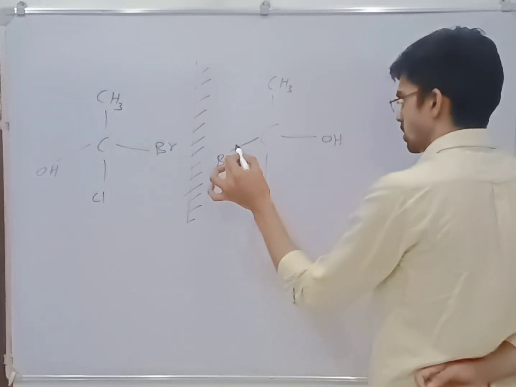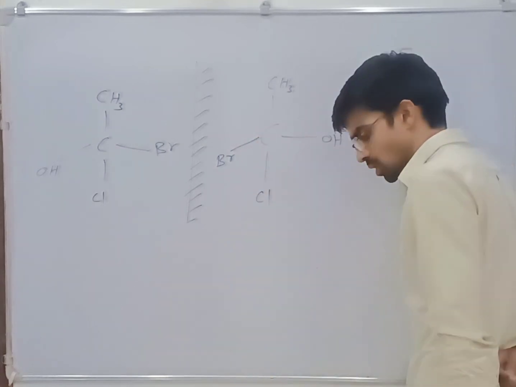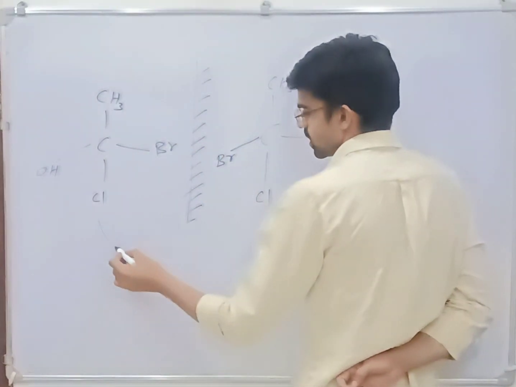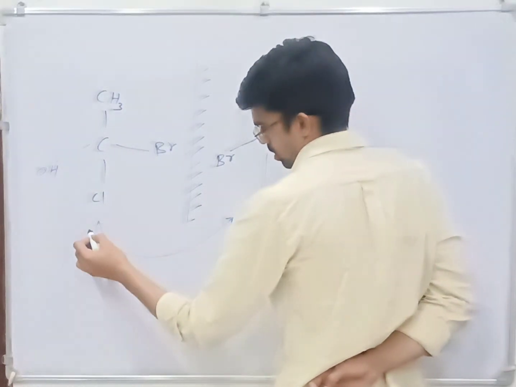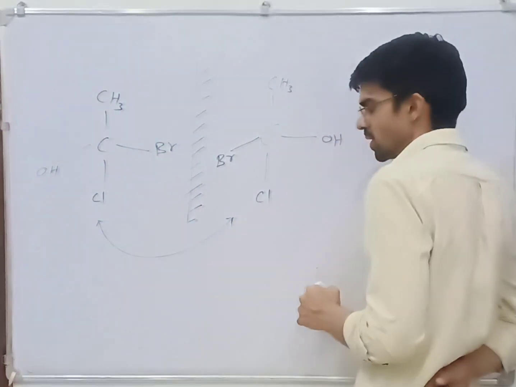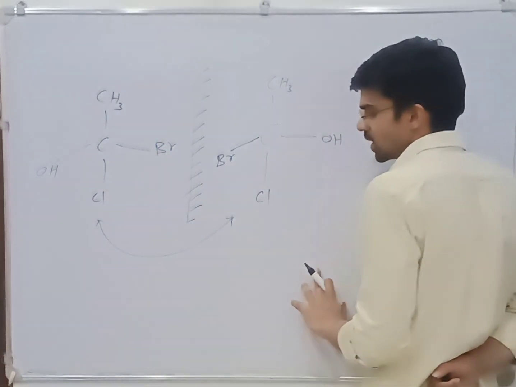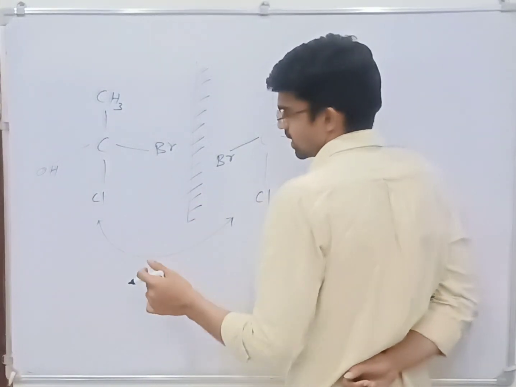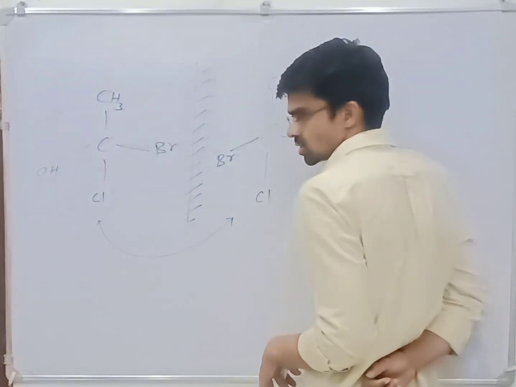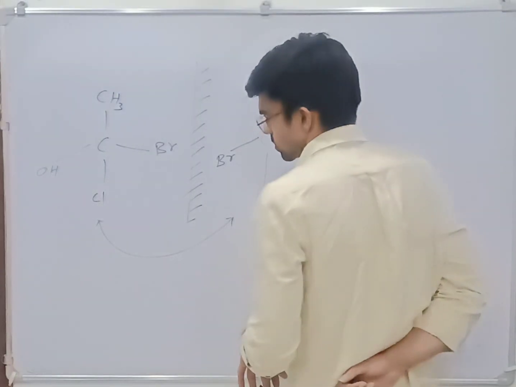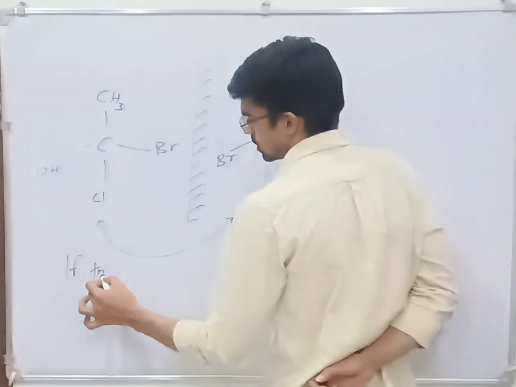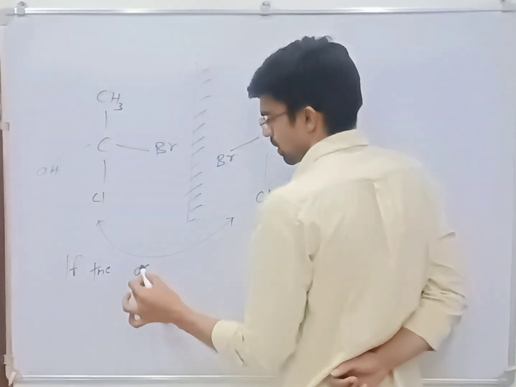This is its mirror image. Now, if the optically active compound and its mirror image are rotating the PPL light in clockwise and anti-clockwise direction, then both compounds are called enantiomers.